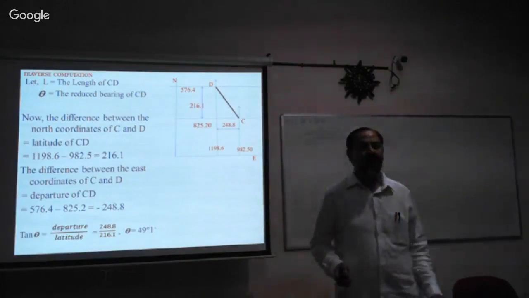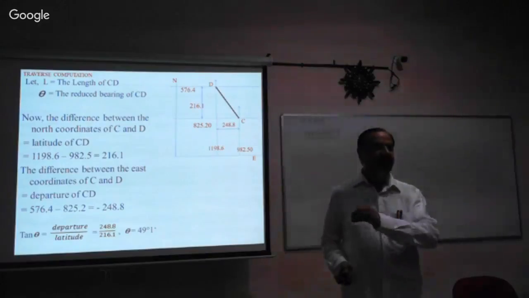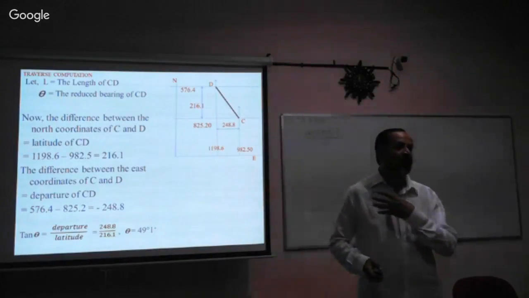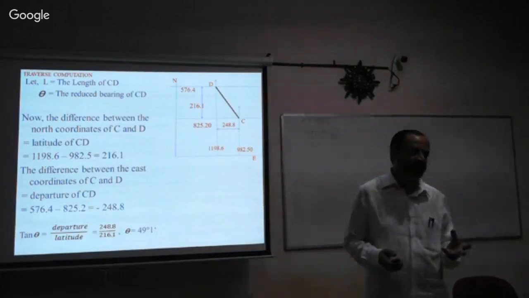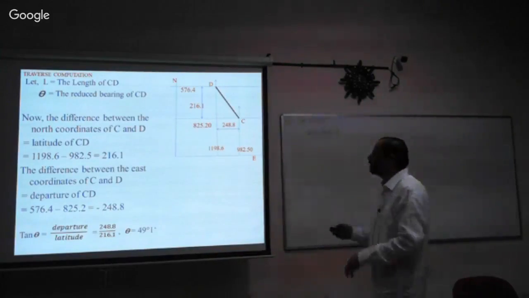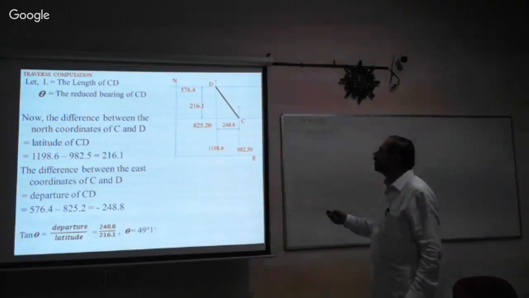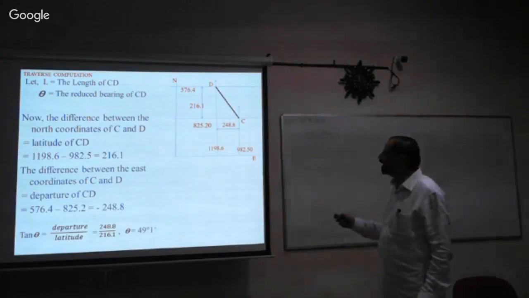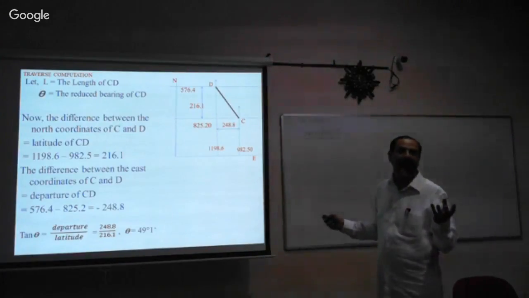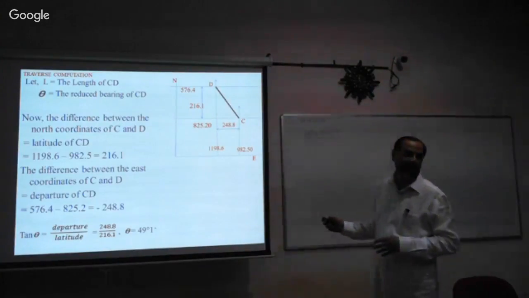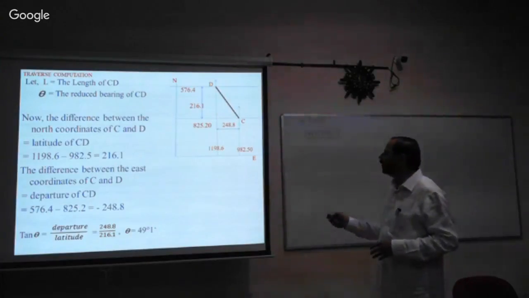If you know this, other problems become easy, and computation of the traversing becomes very simple. So while considering the triangle, which corner theta is known and where you are considering it, let us be very careful about it.